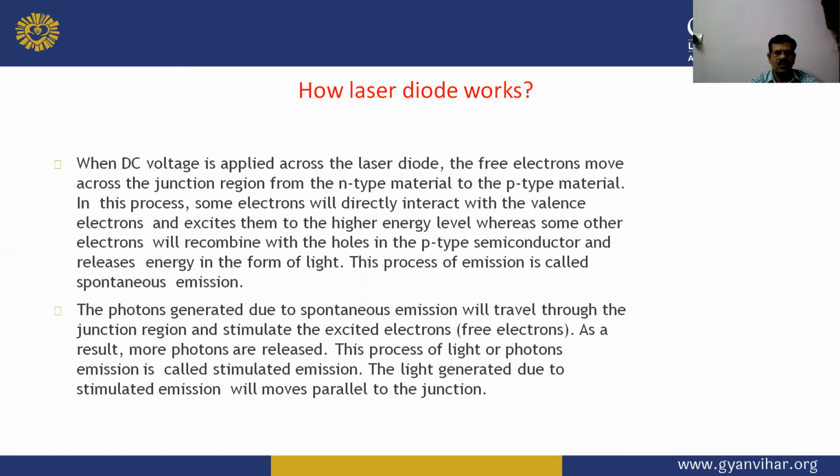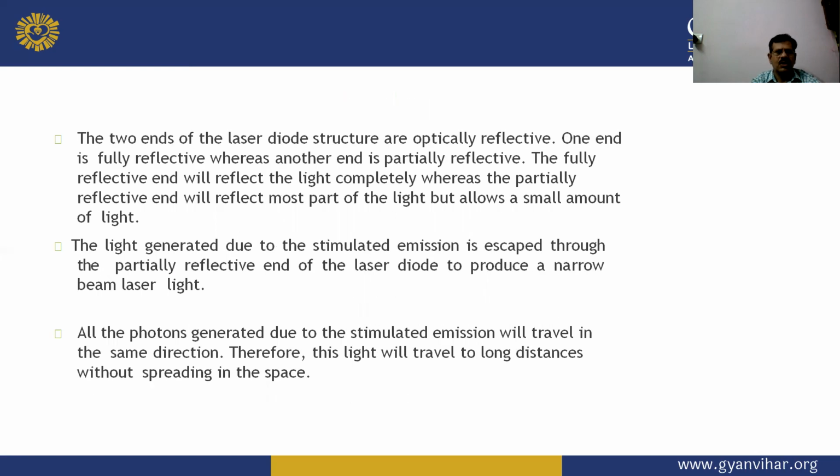The light generated due to stimulated emission will move parallel to the junction. The two ends of the laser diode structure are optically reflective. One end is fully reflective, whereas the other end is partially reflective. The fully reflective end will reflect the light completely, whereas the partially reflective end will reflect most of the light but allow a small amount of light through.